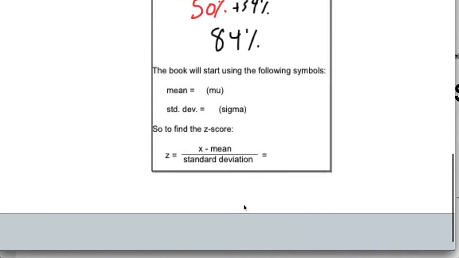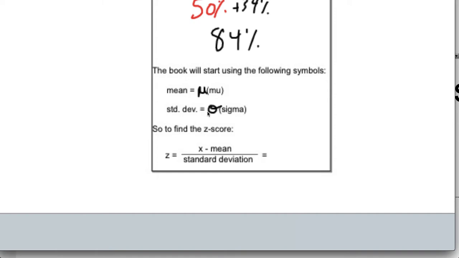I know we don't use the book anymore, but just in case you see it for future reference, your mean, which you saw last chapter as well, is represented by a kind of U with an extra tail. Your standard deviation is represented by sigma.